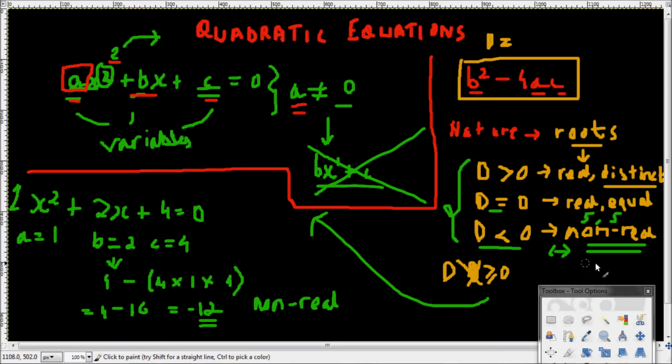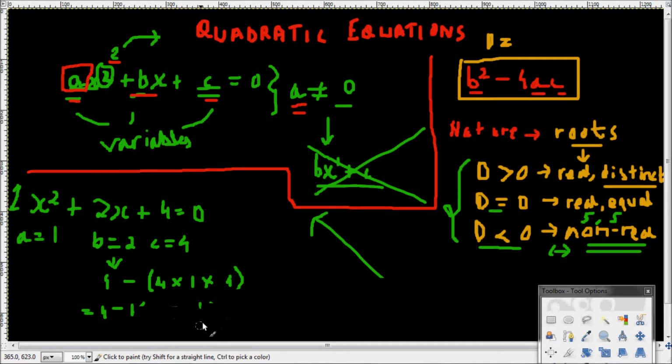They'll give you, say, kx square, and what you have to do is find k, or any variable, whatever they've named it, such that that equation will have real or non-real or equal or any type of roots. So in those questions, all you have to do is just identify what they are talking about. Are they talking about D more than 0, D equal to 0, D less than 0, or do they want D more than or equal to 0?